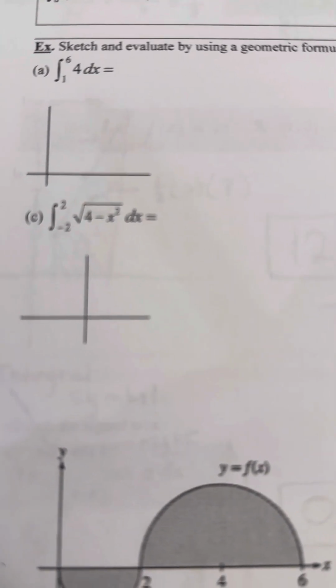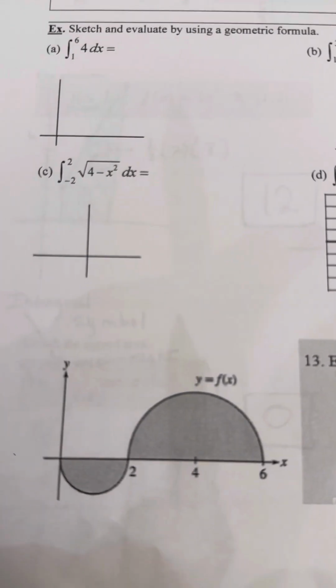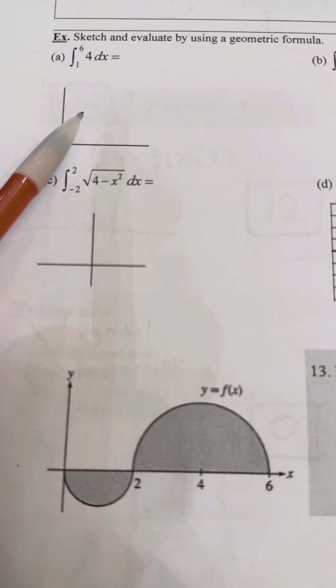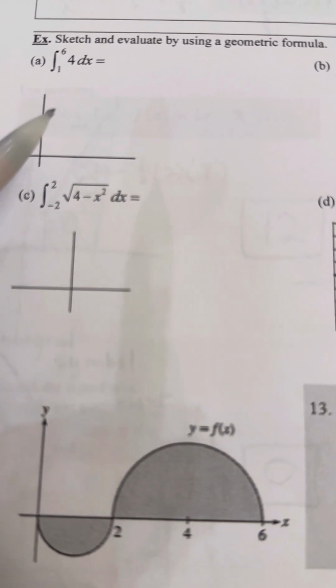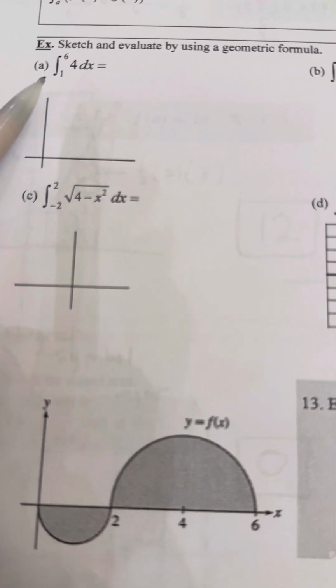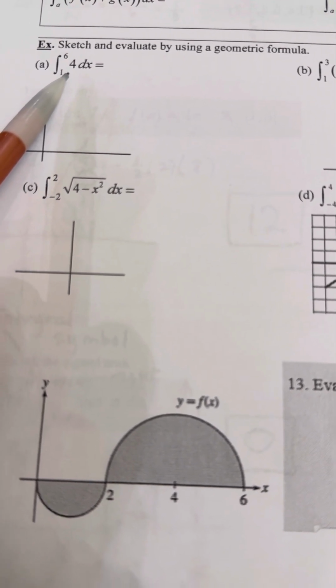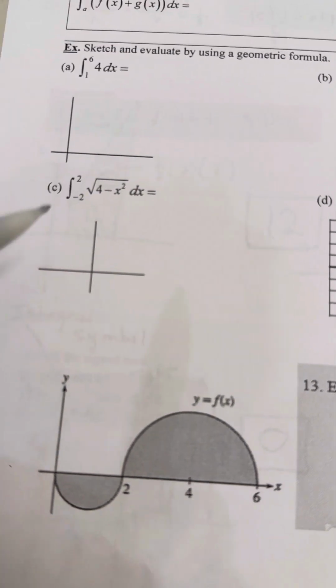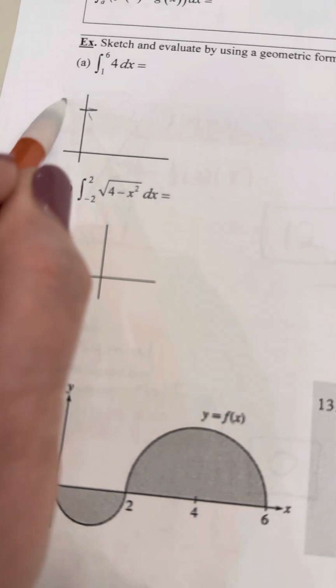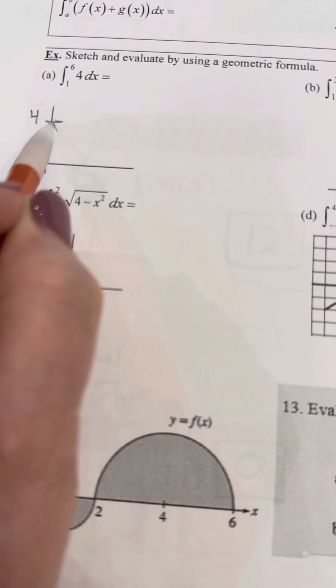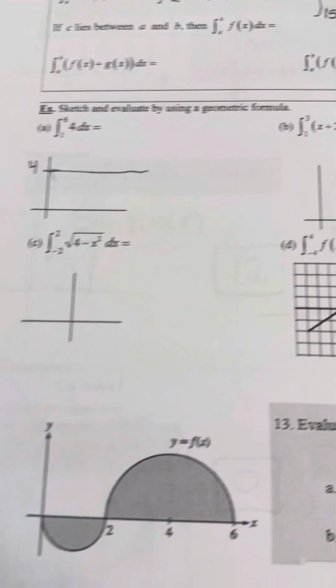Okay, so we're going to sketch and evaluate using geometry formulas, and you're going to see that in your classwork assignment as you work. So in this problem, we're going to sketch it thinking of 4 as a function. It's actually y equals 4. If you draw it, you're going to go to 4, and it's a horizontal line, okay?